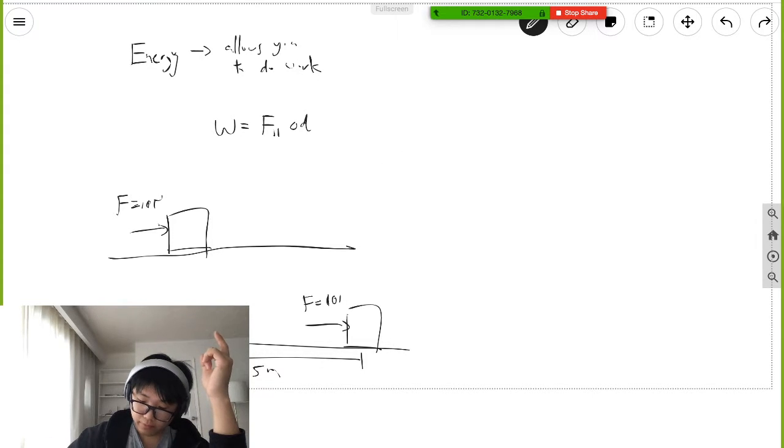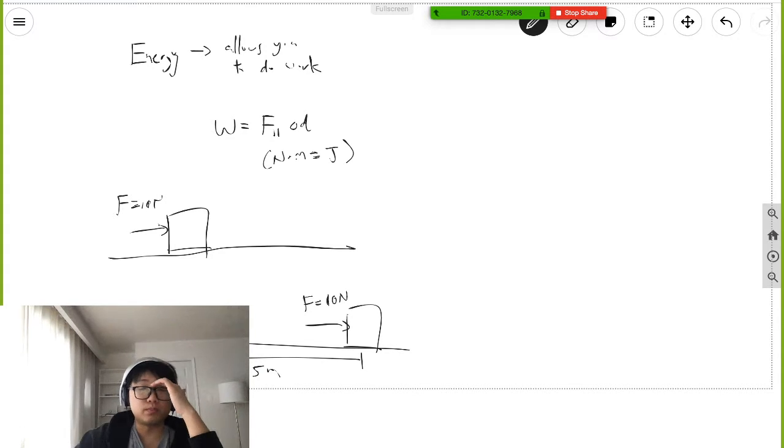Work can have Newton meter, which is the same thing as joules. So joules and Newton meters are actually the same unit. Okay, just like how Newton is the same thing as kilogram meters per second squared, right?